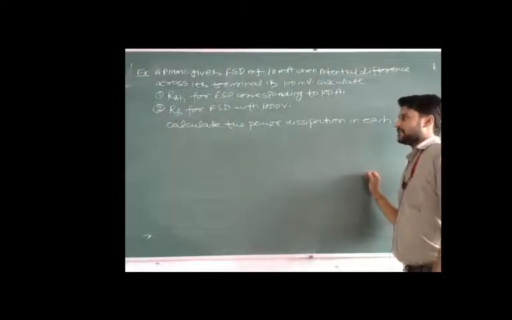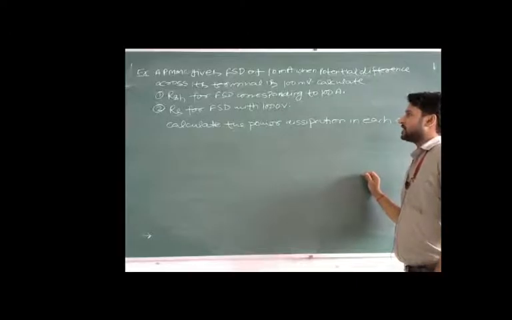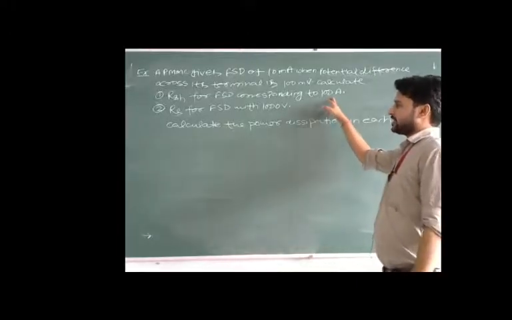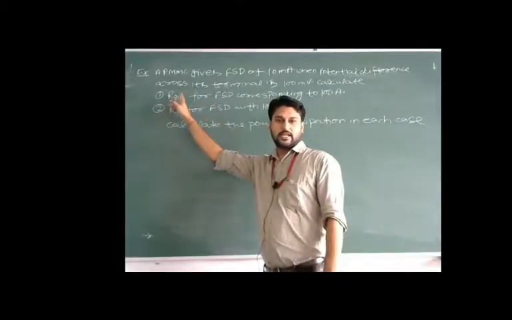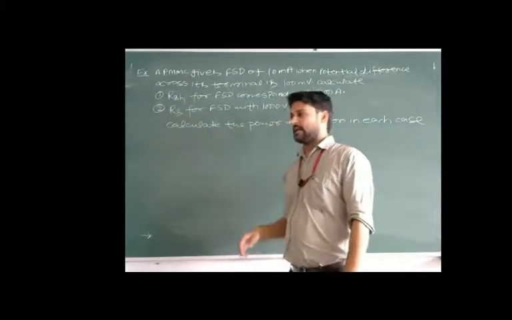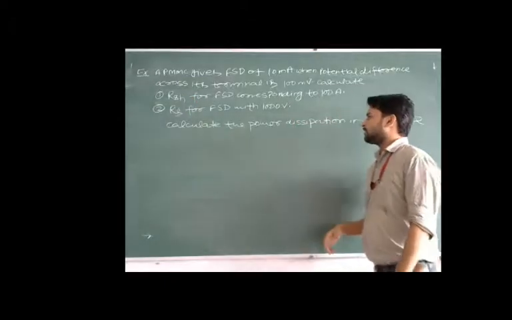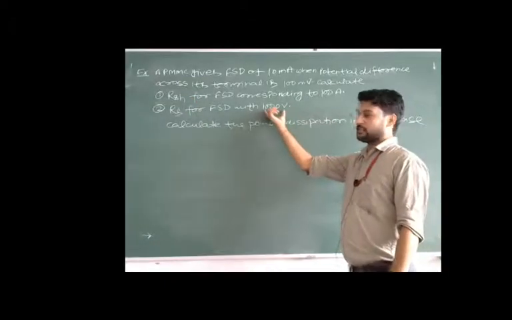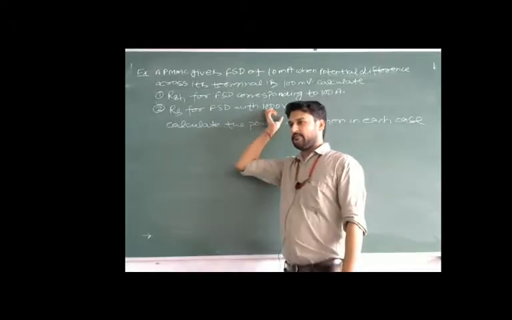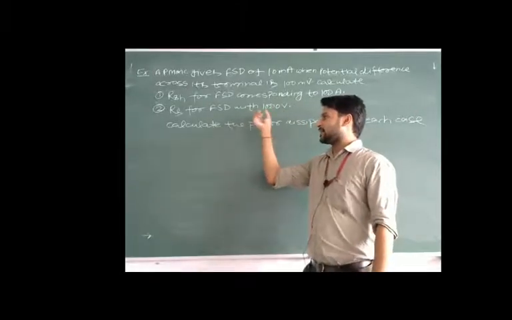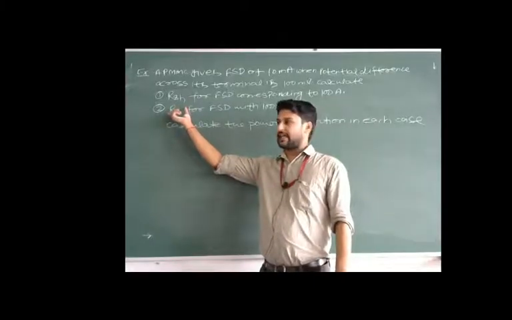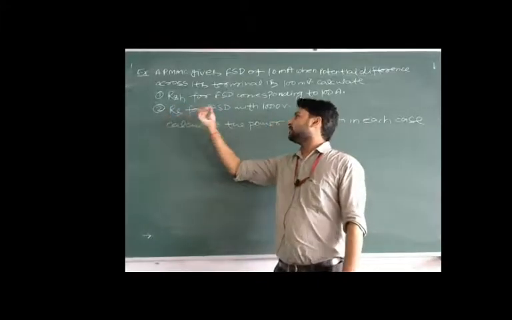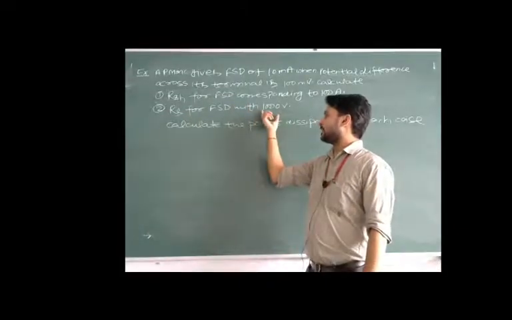In the first case, when the full scale deflection of the instrument is 100 ampere, we have to calculate the shunt resistance used to design a PMMC ammeter. Whereas if the full scale deflection of the instrument is 1000 volt, in this case we have to calculate the series resistance to design a voltmeter which has full scale deflection of 1000 volt.